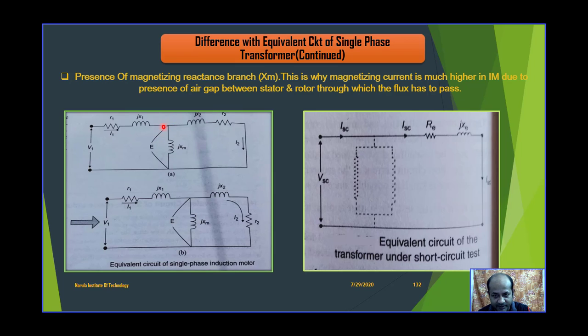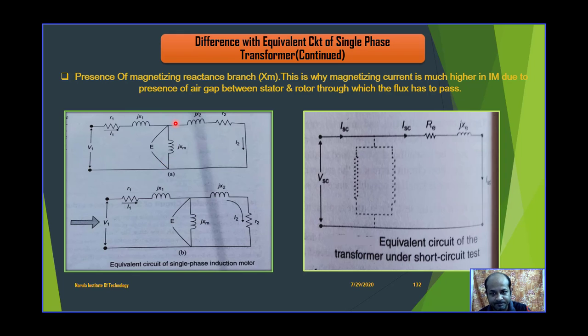And E is the back EMF induced in the stator winding by the action of the pulsating magnetic field. This is the back EMF produced in the stator due to the pulsating magnetic field.